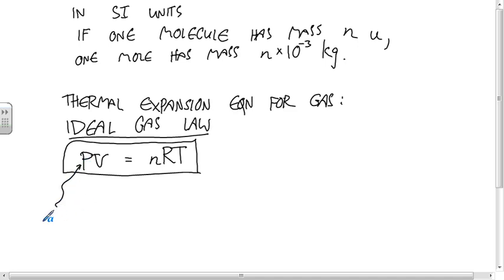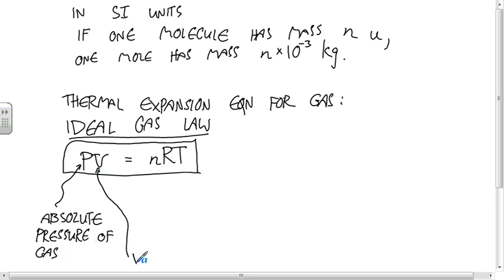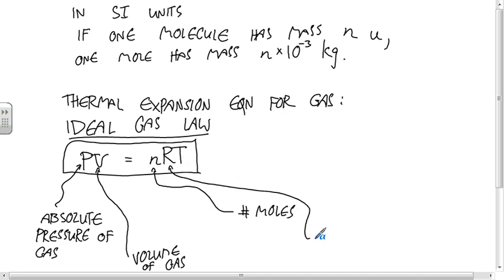So P is the absolute pressure of the gas. V is the volume of the gas. N is the number of moles of the gas. R is called the universal gas constant.